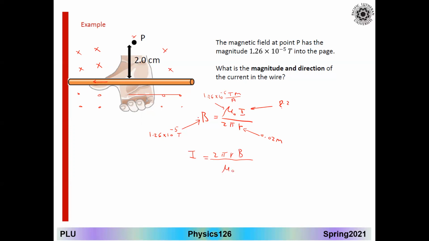I have mu 0, and with the same value, I end up with the current, if my calculation is right, around 1.3 amps, and the direction is to the left. That's the magnitude and the direction of my current.